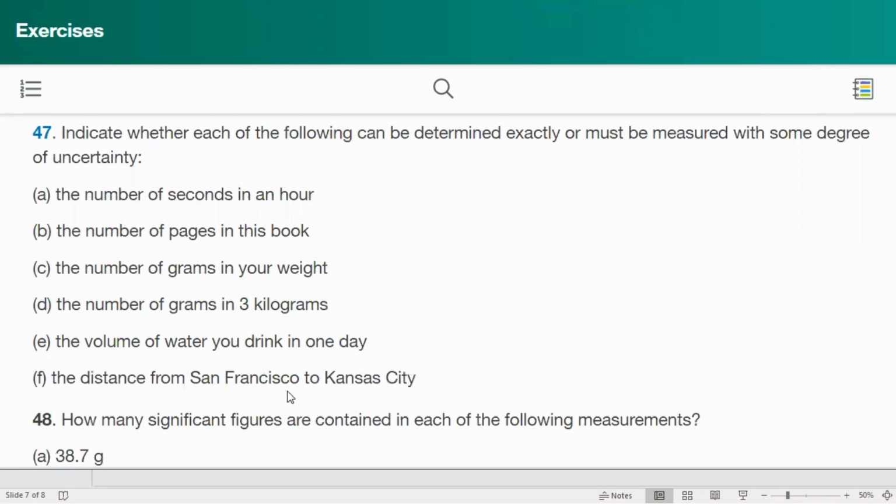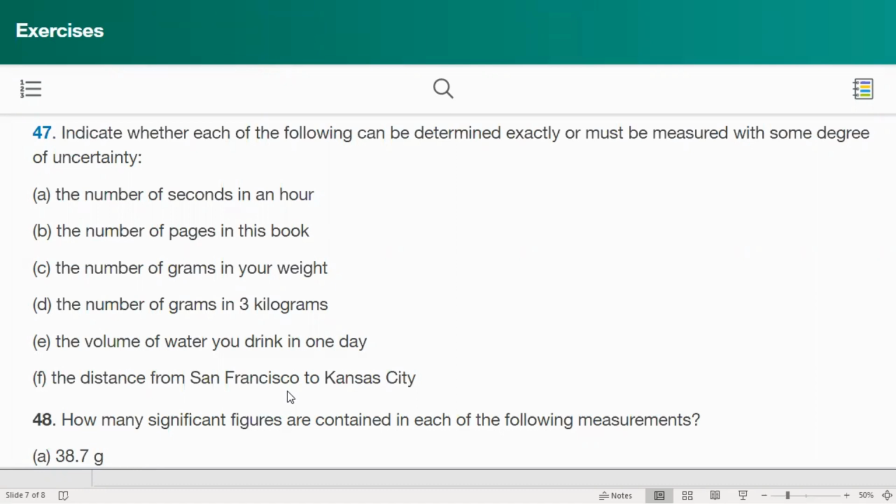Indicate whether each of the following can be determined exactly or must be measured with some degree of uncertainty. A, the number of seconds in an hour is 60 seconds in an hour by definition, so it can be determined exactly. And let me check that. It is exact. B, the number of pages in this book is exact.